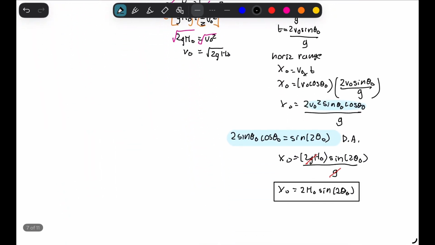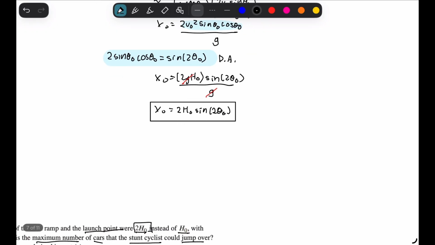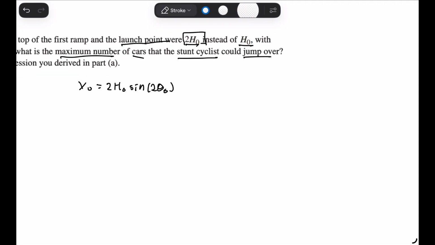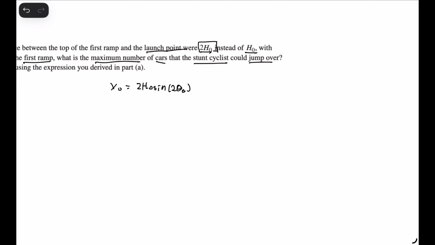So now we know from part A, we have our expression over here for x initial. We can actually use this. So with this, we have 2h initial here, 2 theta initial. So if we have h initial become 2h initial, we have an x new equal to 2 times 2h initial sine 2 theta initial, and that's x new.